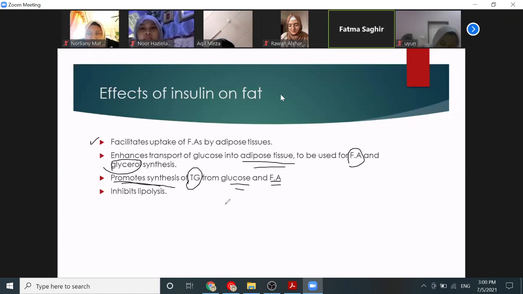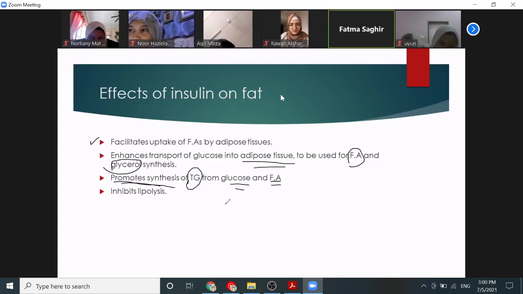So any extra glucose we use for the cells, we store in liver and in the muscles in the form of glycogen, and excretion in the urine. But if you still have more, insulin will try to figure out more effects for glucose to disappear from the blood.